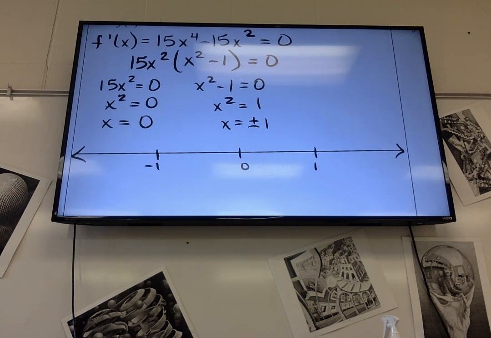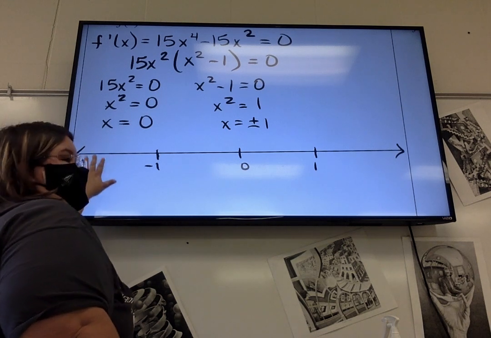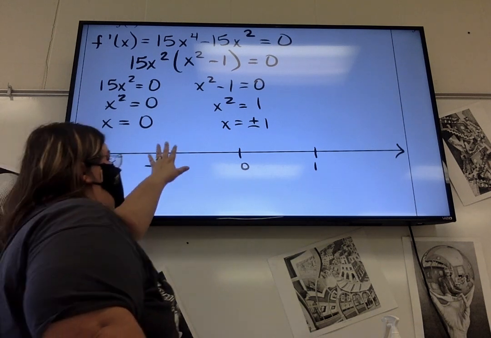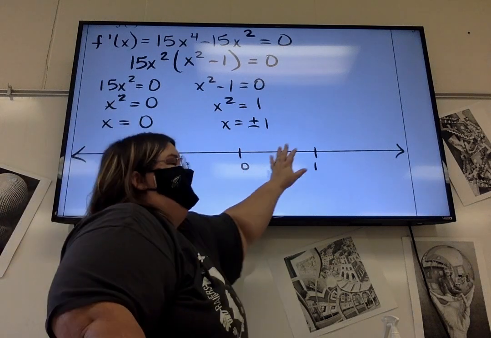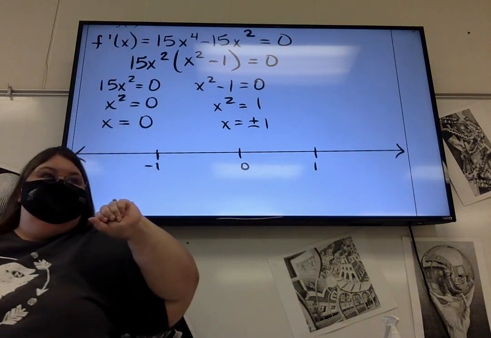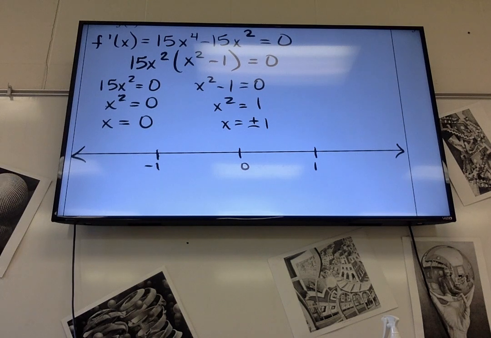Maybe there's a max or min there. So we're going to figure out if I'm over here, am I positive or negative? If I'm here, am I positive or negative? And so on. I'm just worrying about f prime of x, if it's positive or negative.